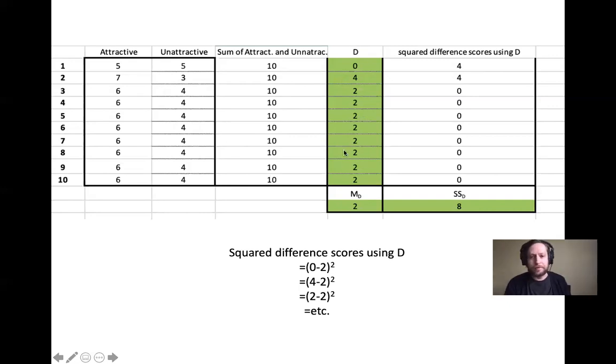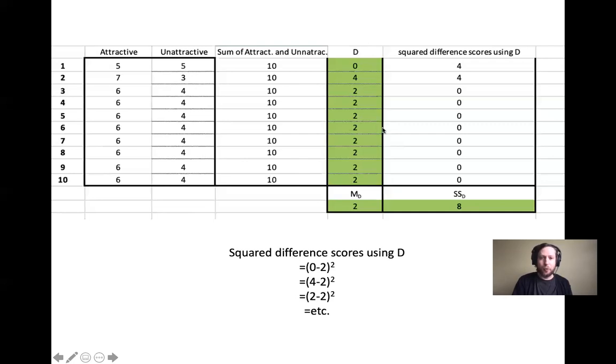So here are all of the Ds. If you're remembering back to the formula I showed you for how to calculate the mean difference score, all you do is add up all of the Ds and then divide by the number of Ds that you have, which is what I've done right here. So presumably we add up all of these scores right here.